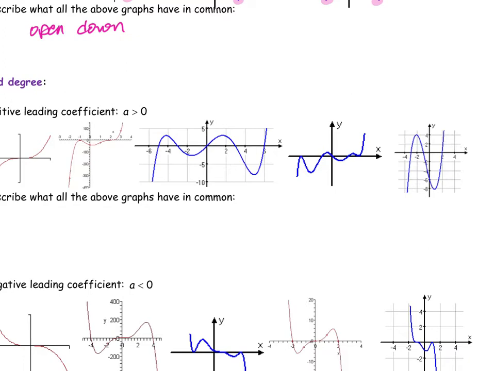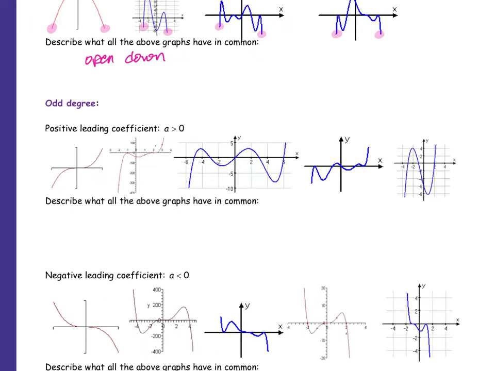So on this one, this is kind of how I look at this one. Here are my ends. What's happening to the graph? If I don't pay attention to all the stuff in between my endpoints, all the hills and valleys, I'm just going to look at my endpoints.